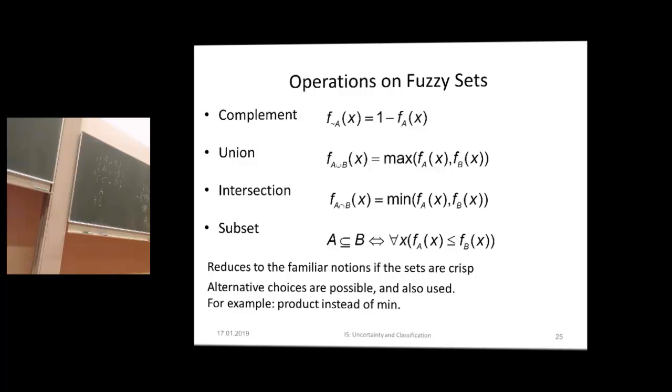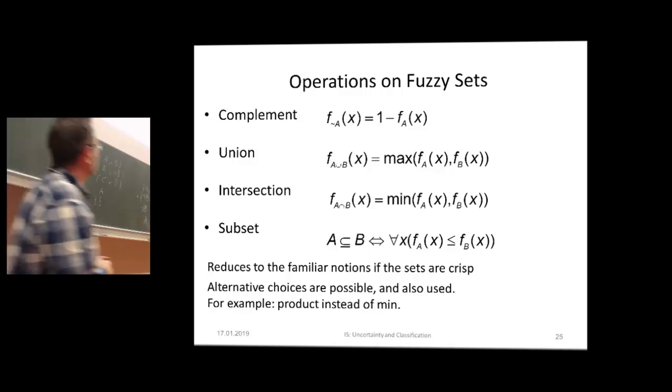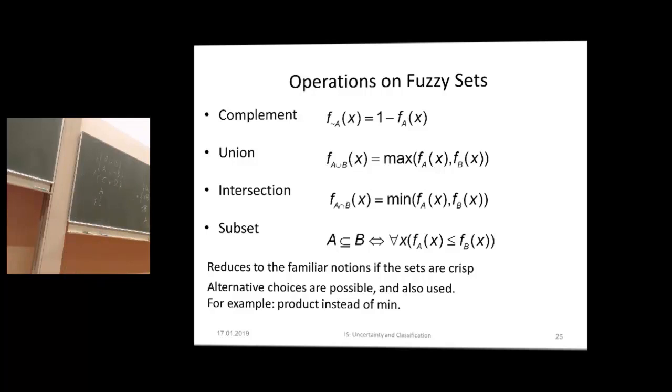Yeah? Which one? The subset formula. So the definition of subset here, as far as I understand, is that whatever element you take of your one set, it must have a higher degree of being in this set than of being in the other set, and then it's a subset.